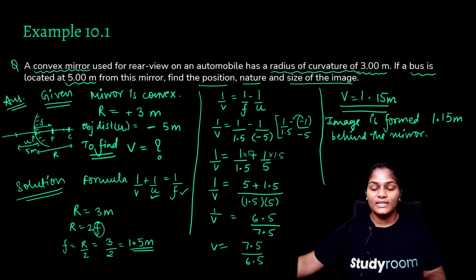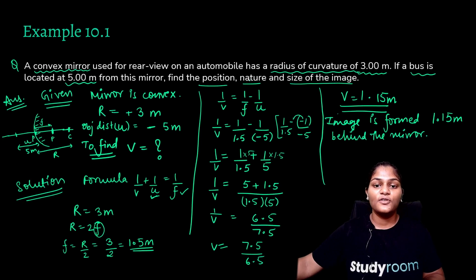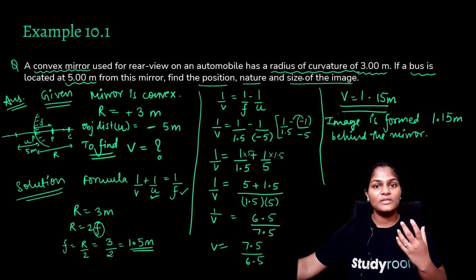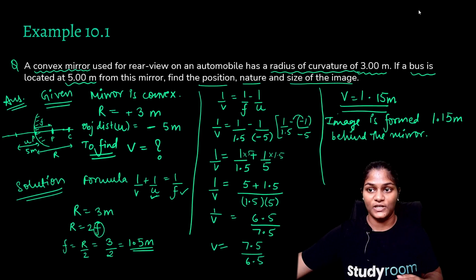Okay, great. Now what else do we have to find? We have to find the nature and the size of the image. So what does nature mean? That is, is it real and inverted, and size means basically we have to find the magnification.